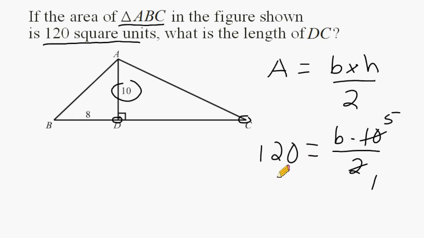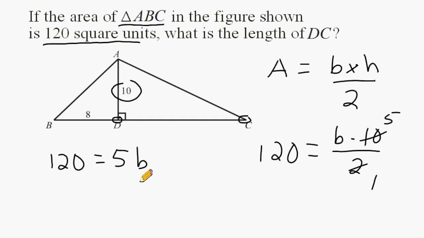So what we have left of this equation would be 120 is equal to b times 5. But I like writing the coefficient before the variable. So now what we have to do is figure out what we would multiply 5 by to come up with a product of 120.